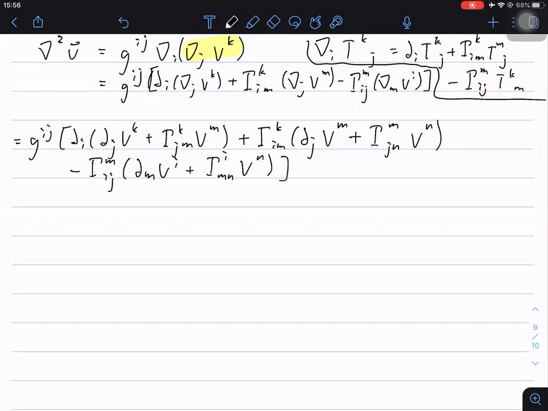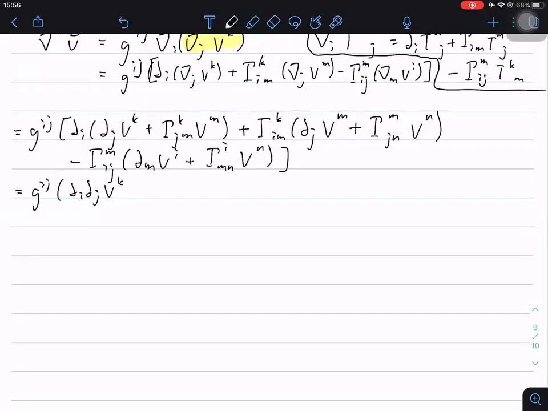Okay, to simplify things a little bit, let me do it this way, just to expand everything. We have to take the covariant derivative of this term, so we have this and this. Remember, you also have to take the derivative of the Christoffel symbol.